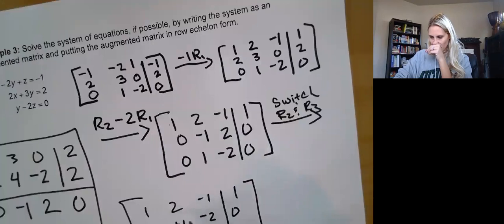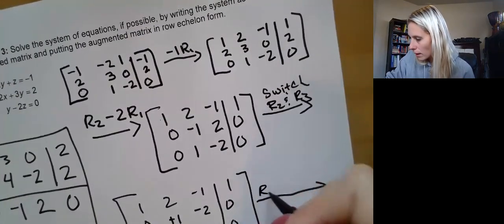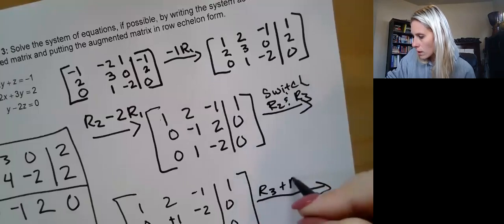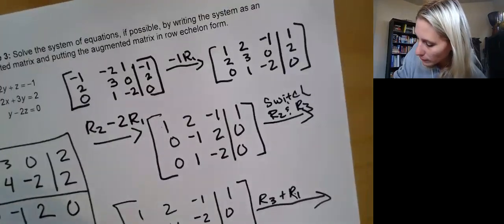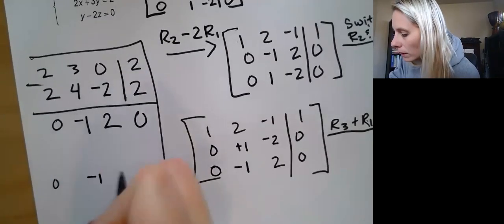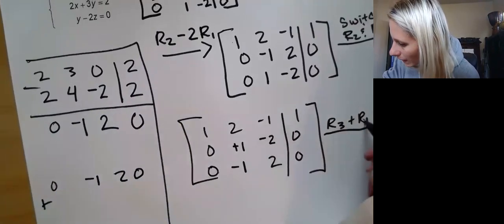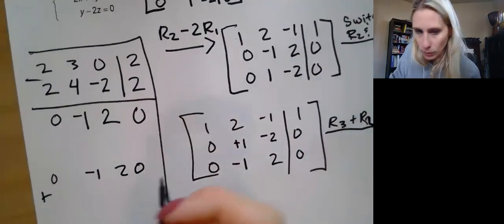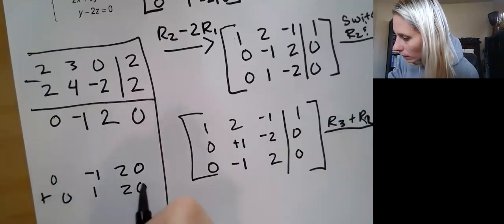Okay, great. Now we need this one to be 0. Oh, look, guys, all I need to do is add row 3 to row 1, and then I get 0 in that spot, right? So row 3 is 0, -1, 2, 0, and I'm going to add row 2. So 0, 1, -2, and 0.